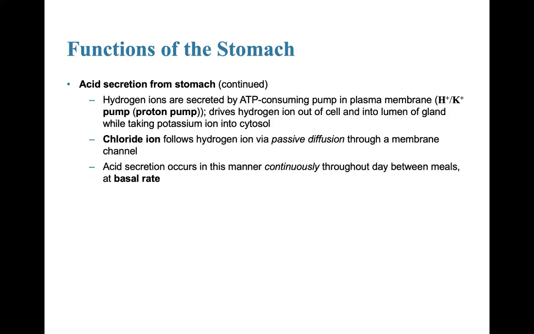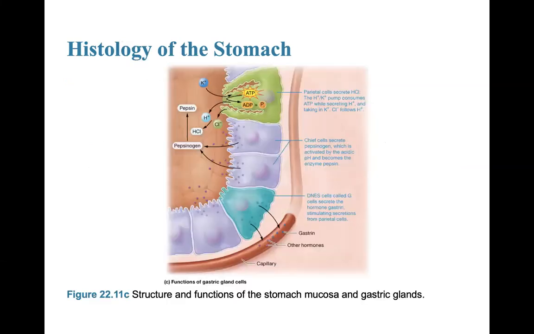The hydrogen ions are secreted by an ATP-consuming pump in the plasma membrane, referred to as the proton pump, which will drive hydrogen ions out of the cell and into the lumen of the gland while taking potassium ions into the cytosol. A chloride ion follows the hydrogen ions via passive diffusion through a membrane channel, and this will end up forming HCl. Acid secretion occurs in this manner continuously throughout the day between meals at a basal rate.